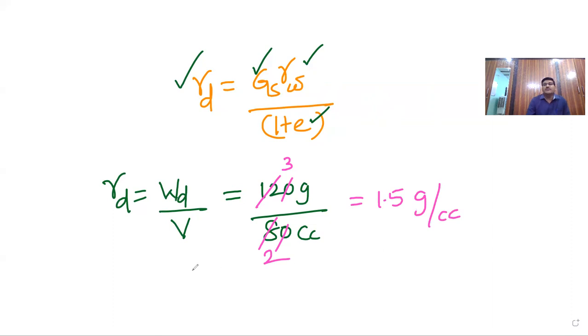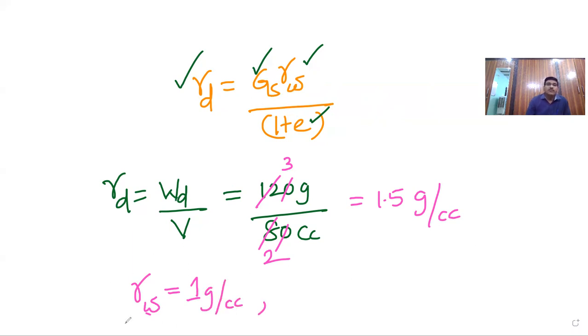Dry density is 1.5 grams per cc. And you know very well the standard unit weight of water, gamma W, is 9.81 kilonewton per meter cube, or, because here the unit is grams per cc, I am taking the standard unit weight of water as 1 gram per cc.